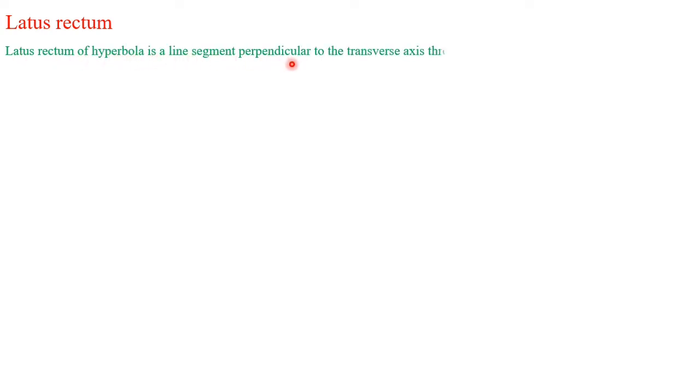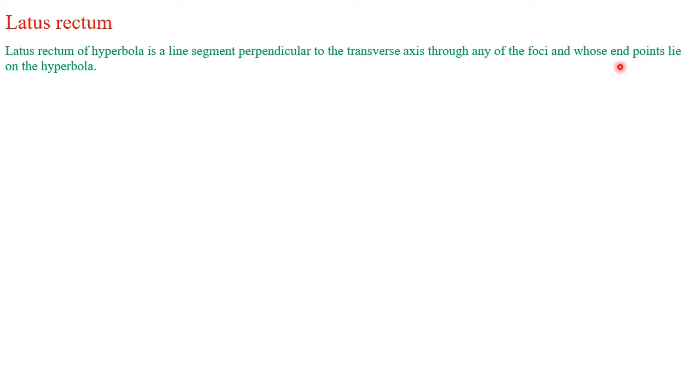Next we shall discuss a term, that is latus rectum. Latus rectum of a hyperbola is a line segment perpendicular to the transverse axis through any of the foci and whose endpoints lie on the hyperbola. It should be perpendicular to the transverse axis, that is the first condition, and it should pass through any of the foci, that is the second condition.